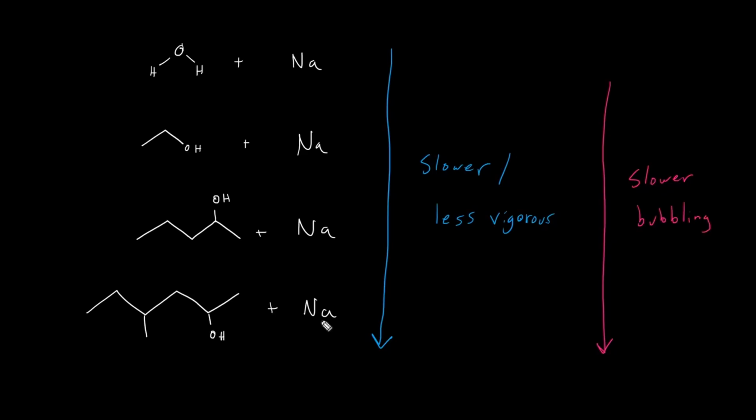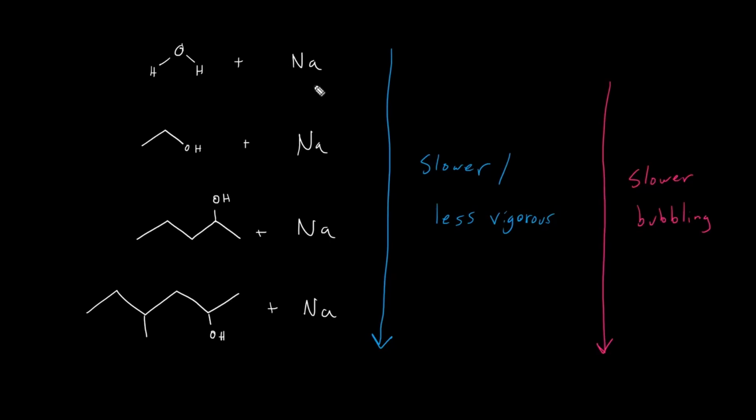Because the way that this is usually used is for a question in the AICE exam to ask you, what will you observe as we go from the reaction of ethanol with sodium to pentanol with sodium? Or what is the difference when you react 2-pentanol with sodium versus water with sodium?